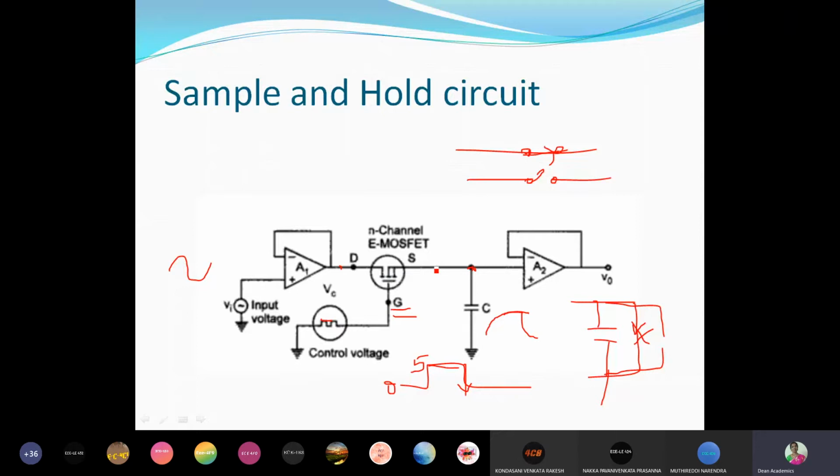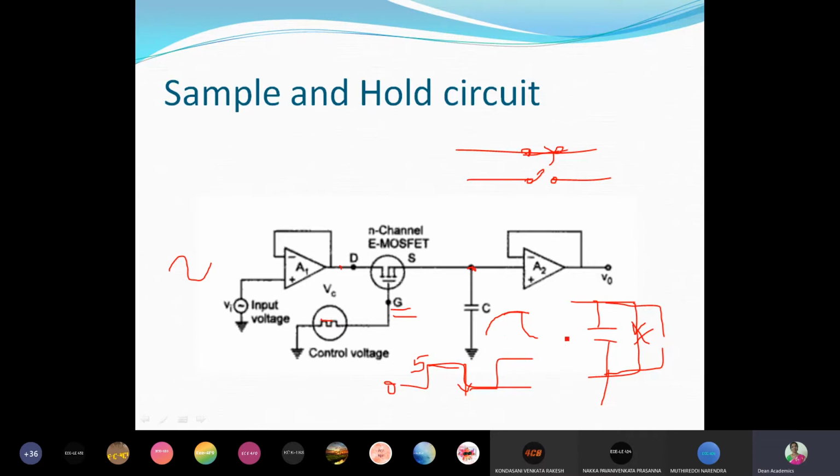Now again the switch is closed. That means the input control voltage is 5 volts now, right? So when the control voltage is 5 volts, the voltage across the capacitor will be the same as the input voltage. Therefore, the capacitor again starts receiving the input voltage.